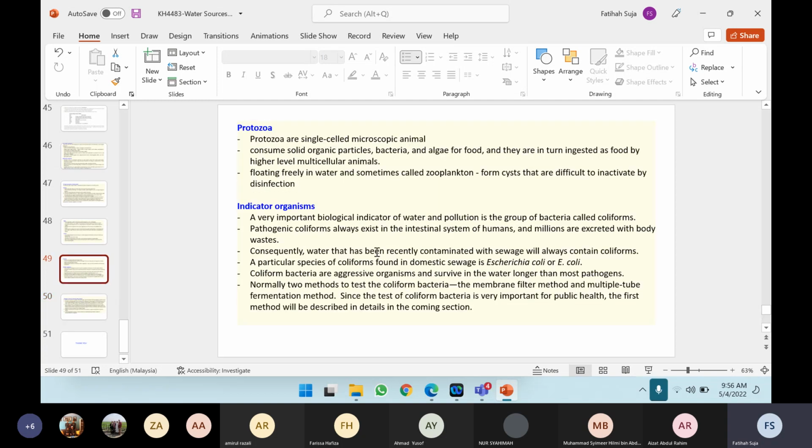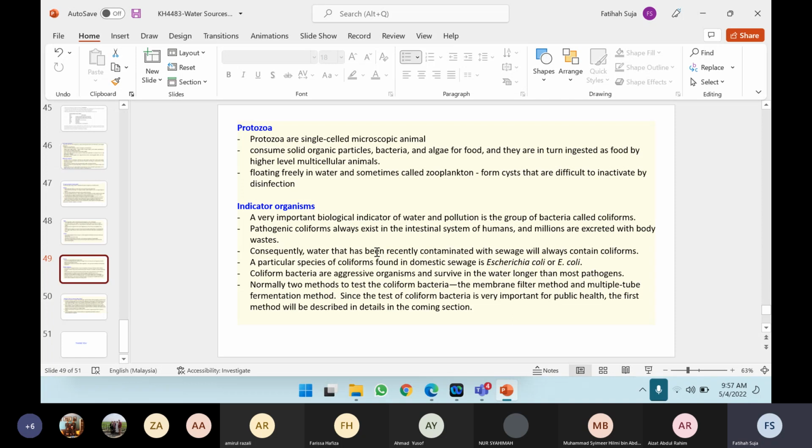So if the indicator is coliform, it's better because you prevent any types of coliform. But sometimes they are more specific and test for E. coli. E. coli means that it is sure that it is contaminated with domestic sewage.